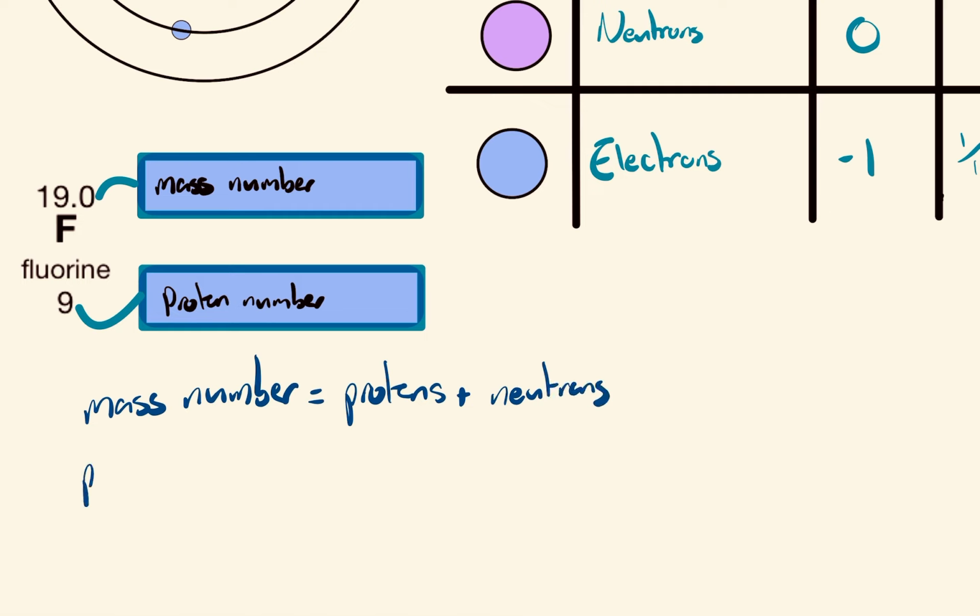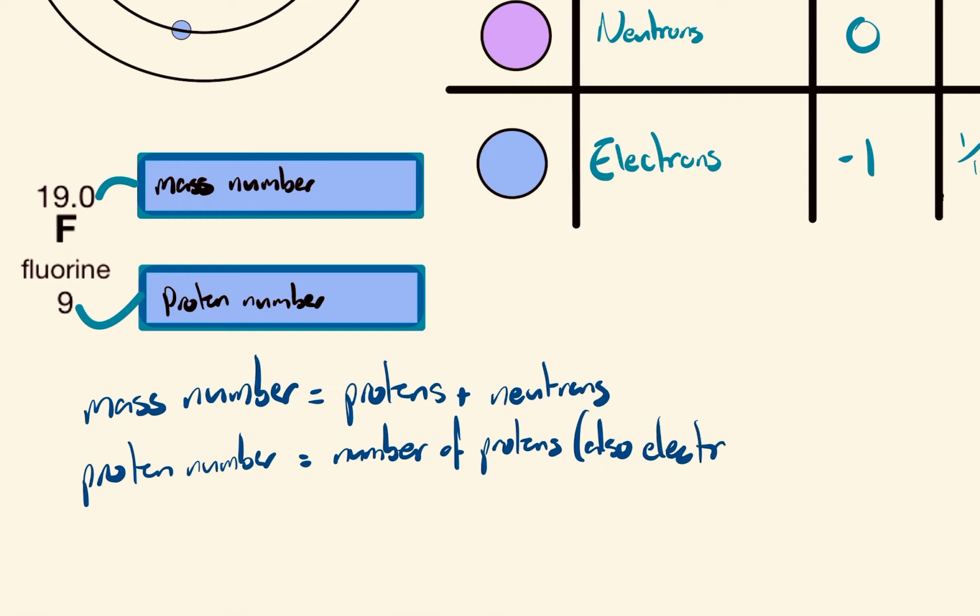And our proton number is our number of protons, and also electrons in an atom. And what I mean by that is obviously that's not going to be the case with ions, whereby electrons have either been lost or gained in order to create a charged particle.